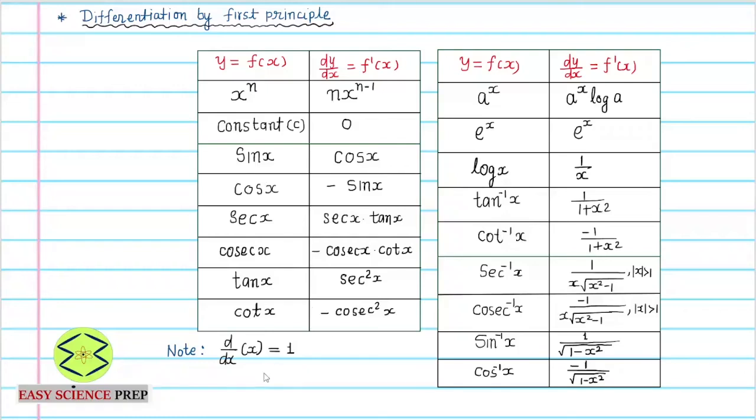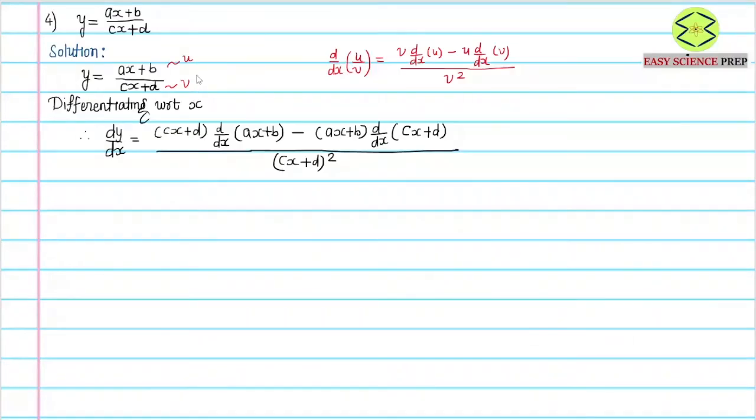We have already covered this in the previous session. So just remember, derivative of x is 1. Let me proceed. This cx plus d, there is no differentiation, so it remains as it is.